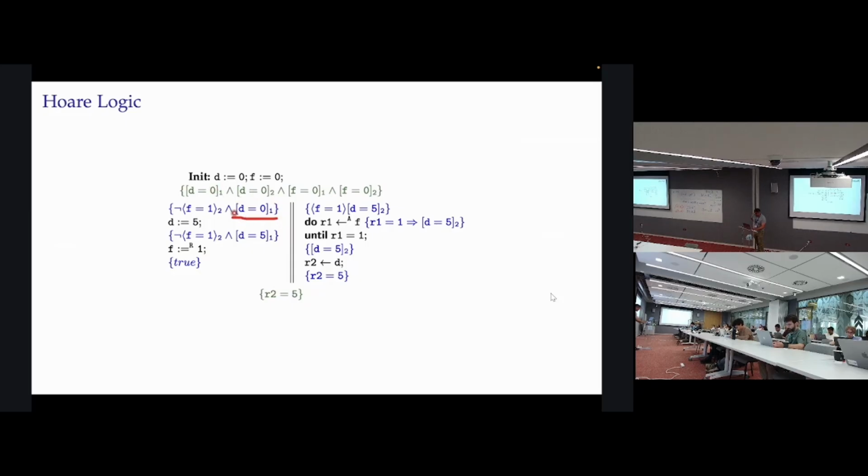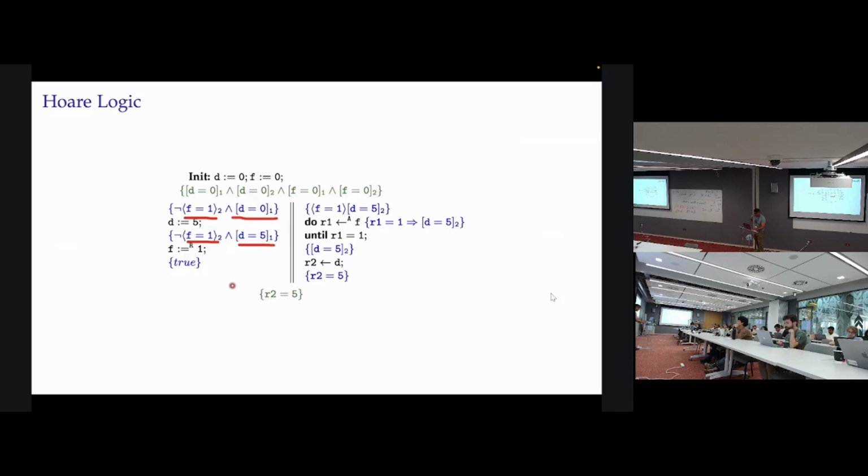Now if I perform this assignment, I get this as being the next assertion because thread 1's view is updated to 5. But there's no f equals 1 anywhere, so there's no way that thread 2 can see f equals 1. So you get this being propagated, and the reason you need that information is because of the interference with some of the assertions on this side.